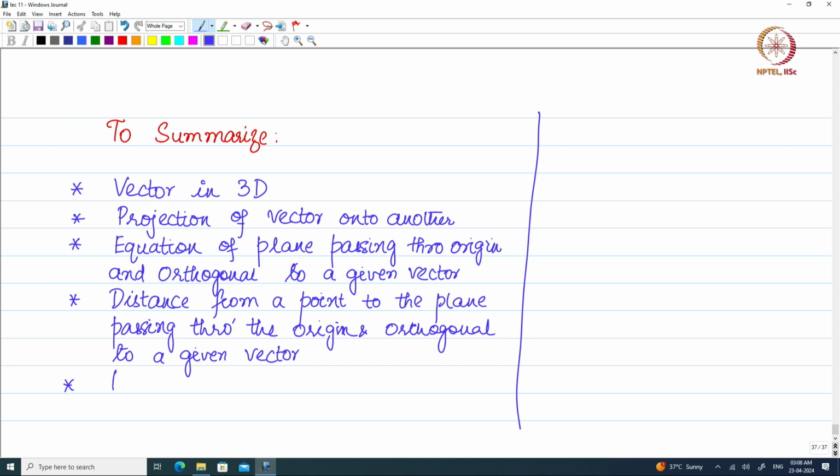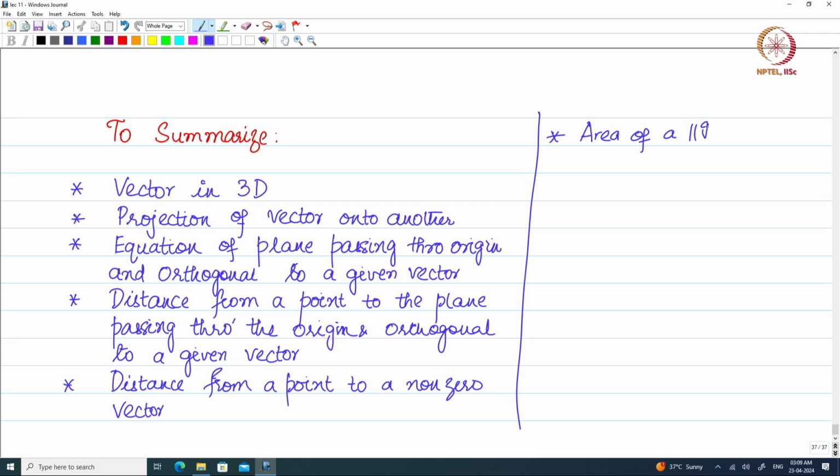We also looked at the distance from a point to a non-zero vector. We looked at the area of a parallelogram in 3D. That turned out to be the cross product of the two vectors.